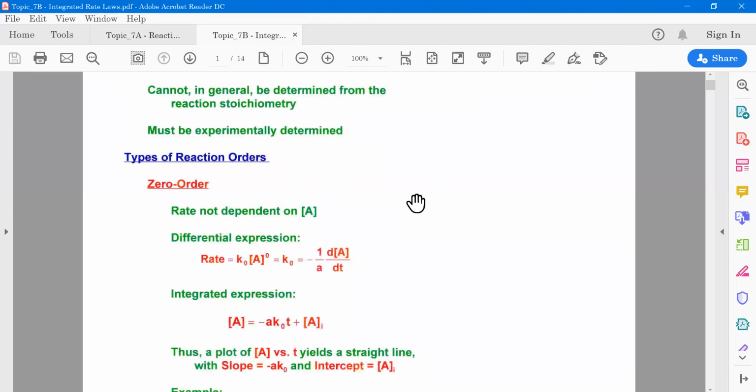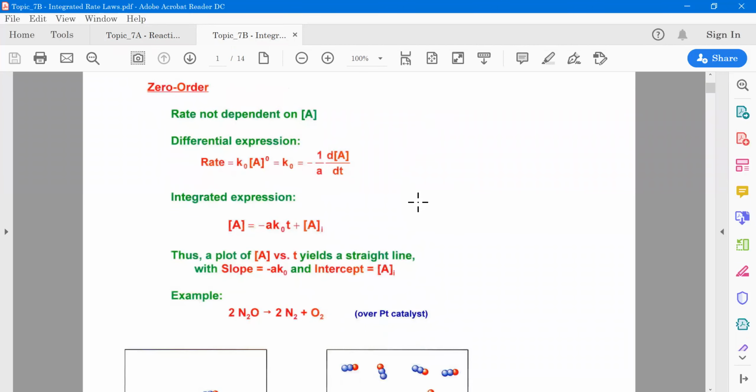Now, for a zero order reaction, in essence, what it says is that the rate does not depend on the concentration of A, which may seem a little puzzling at first, but we'll talk about why that happens in a little bit. The differential expression then is that the rate is some rate constant, and in all of these cases, the subscript of k is simply the reaction order.